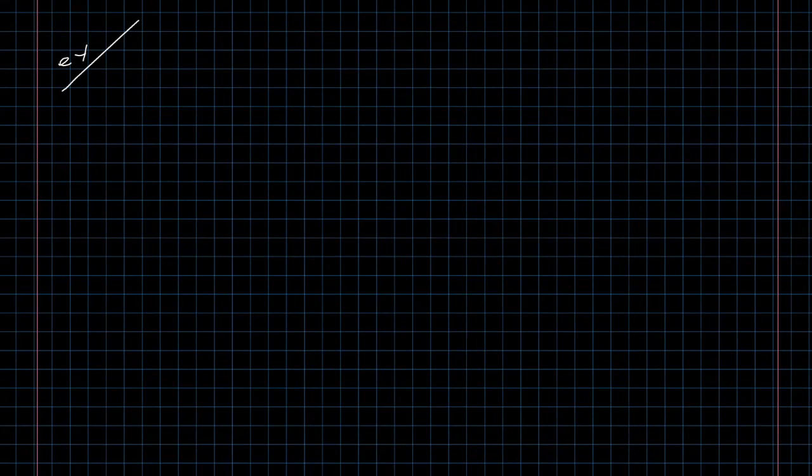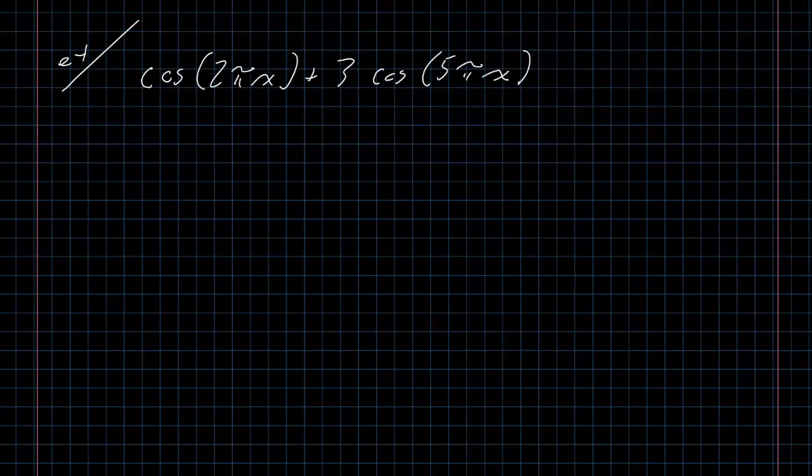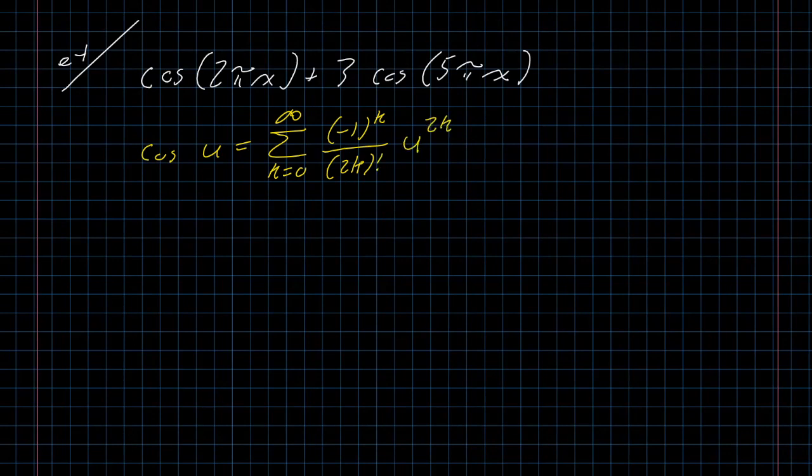So for example, using the power series that we dealt with before, if I have a function that's made up of a couple of cosines, say the cosine of 2 pi x plus 3 times the cosine of 5 pi x, I know that in general, cosine of u is the sum, k goes from 0 to infinity, of -1 to the k over 2k factorial times u to the 2k power.